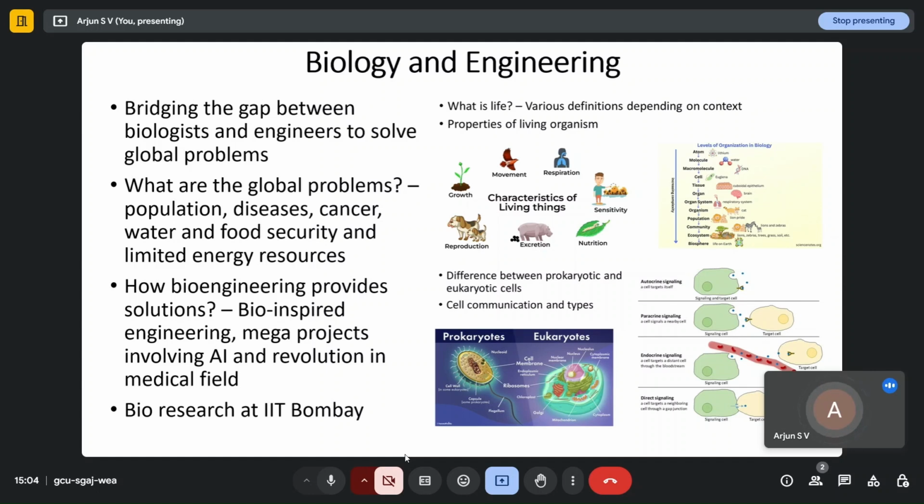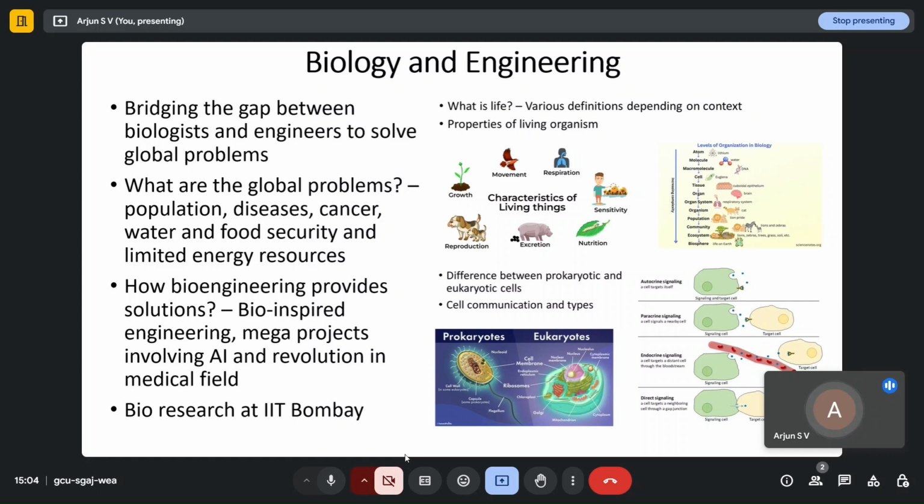We also saw the major challenge we face in today's world, which is cancer. We saw the general statistics regarding cancer, the incidence and mortality rates, and the different types of cancer, like oral cancer, lung cancer, cervical cancer, and breast cancer.